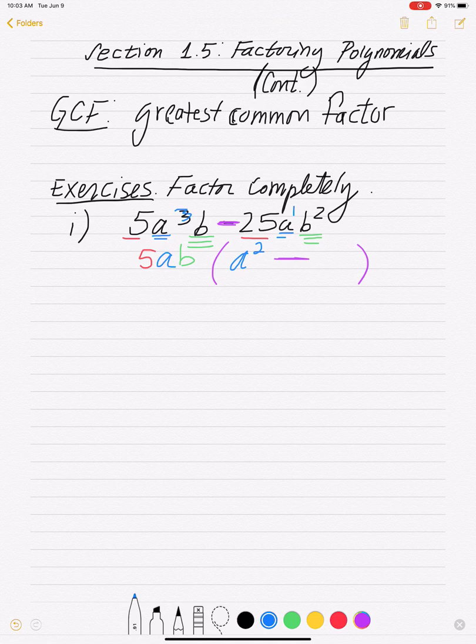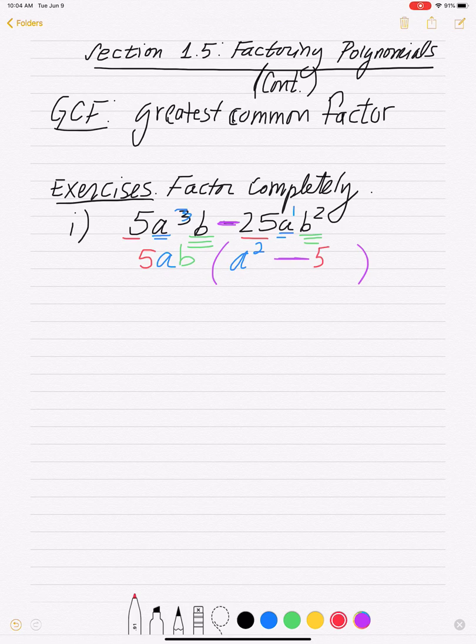And then after that minus sign, we have to figure out what times 5ab is going to give us 25ab squared. First of all, think what times 5 is going to give you 25. 5.